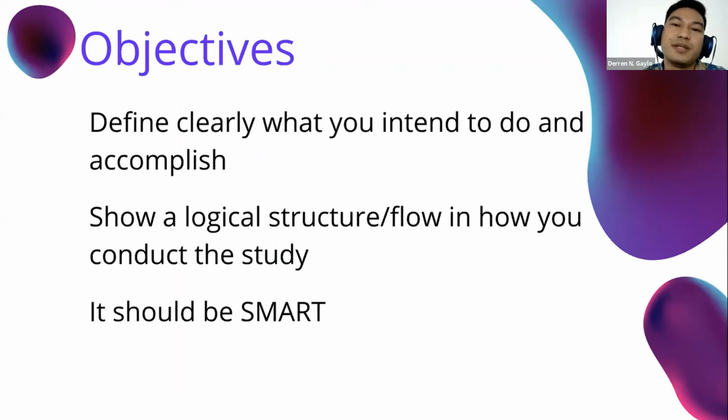We also need to look into our capability, whether we have the skills to carry it out. Because looking at how we write our objectives, we also know what methodology and what statistics we are to use. There are prompts: if you ask to determine this and that, it means you will make use of descriptive statistics.